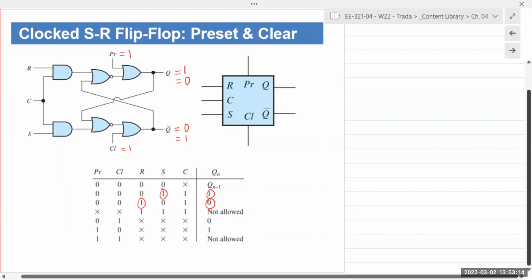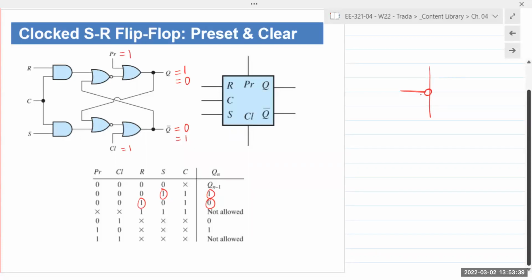If there was a bubble at the end, so if you have something like this, you remember the NOT gate? What does the bubble indicate? Inverter. So if there's a bubble at any of those lines, it means it is active low, meaning when the signal goes to 0 is when it is activated.